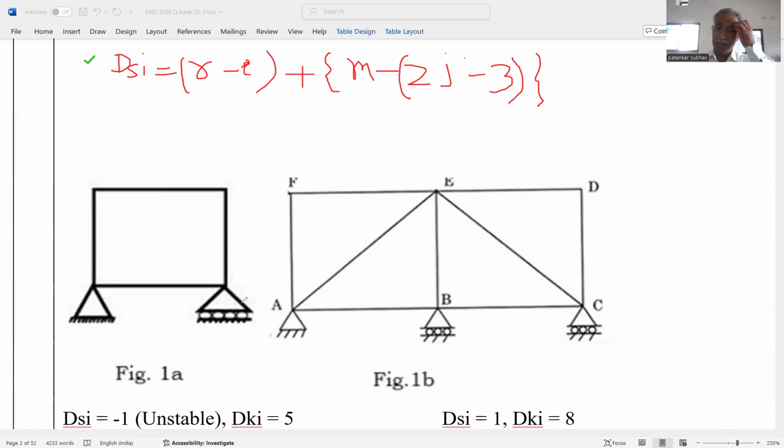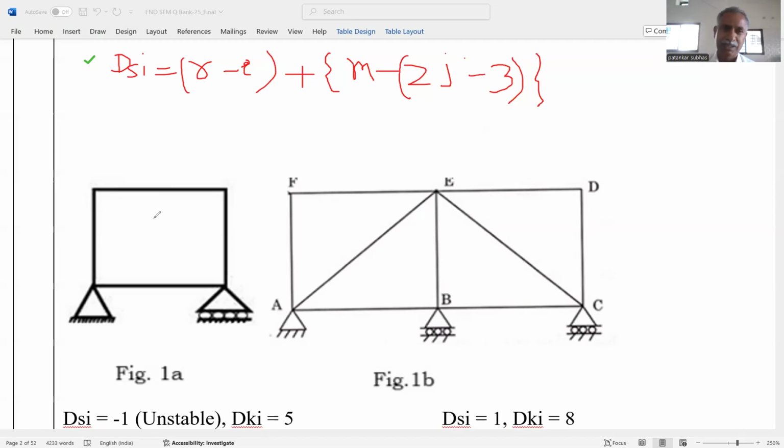So let us consider here this truss is a rectangular shape. Generally a truss consists of triangular members. That means if a triangle is there, then we can say that the truss is stable.